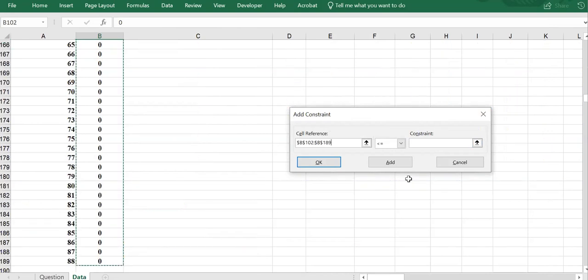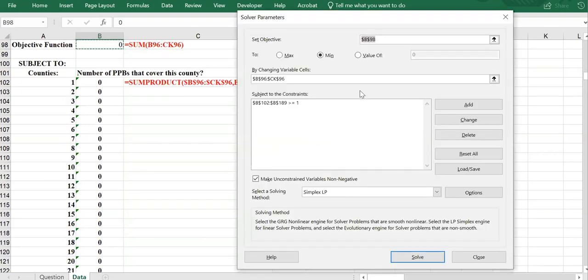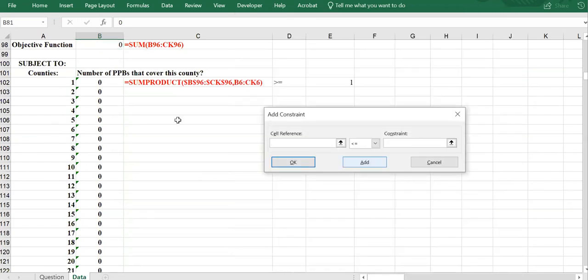All the left-hand sides I want to be greater than or equal to 1. Let's take a look: minimization of B98, the minimum number of PPBs, by having 88 decision variables subject to 88 constraints. There's one last thing. I need to make sure that all my decision variables are defined as binary variables. So I'm going to add again the decision variables.